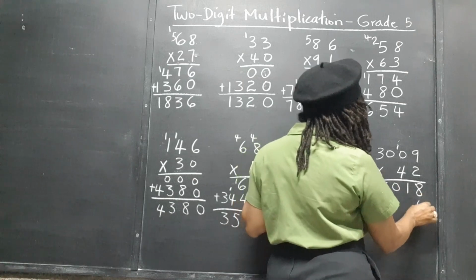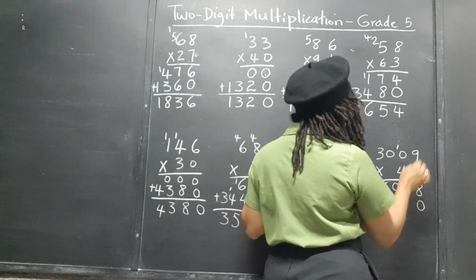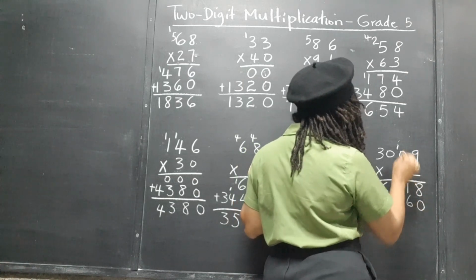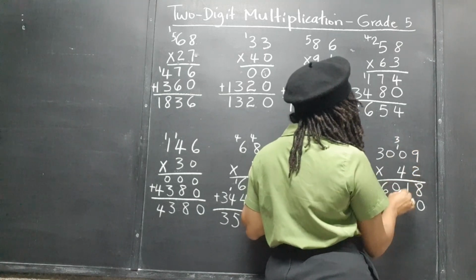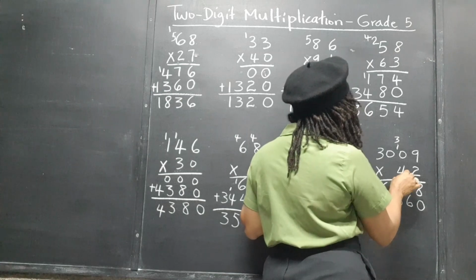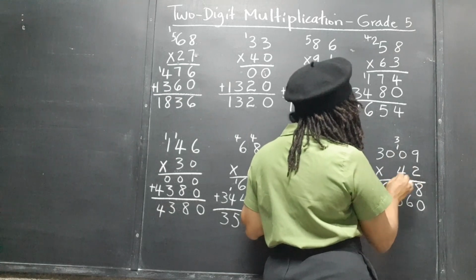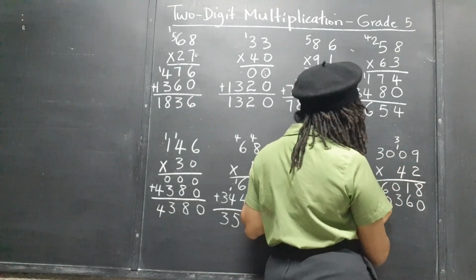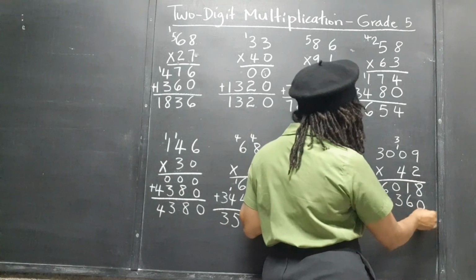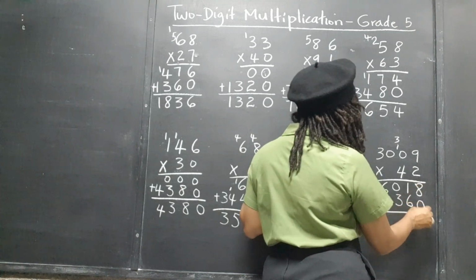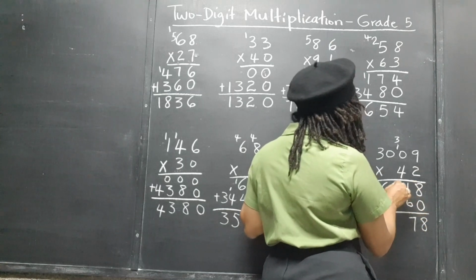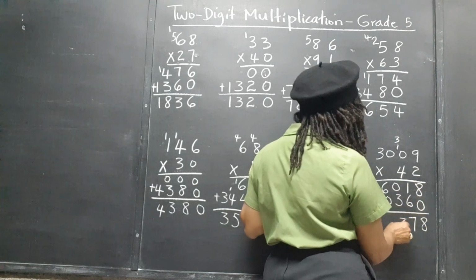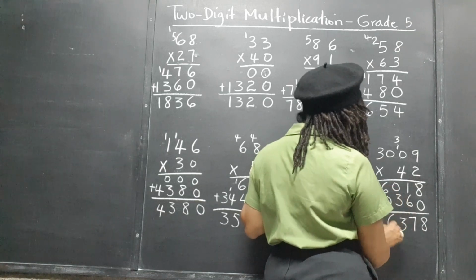We put a 0 at the end. 4 9s are 36, that's 6, carry 3. 4 times 0 is 0 plus 3, that's 3. 4 times 0 is 0. 4 3s are 12. 8 plus 0, that's 8. 1 plus 6, 7. 0 plus 3, 3. 6 plus 0, 6.